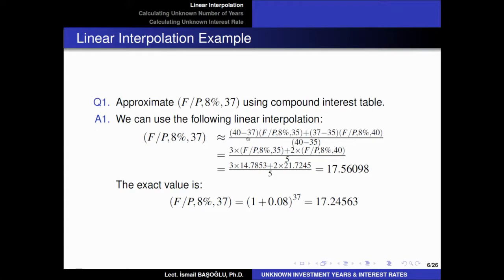So what we are going to do is, we are going to assume that this linear interpolation is applied between 35 and 40 years. And I'm just going to show that to you in a paint file. So I'm just going to share a paint file with you now.